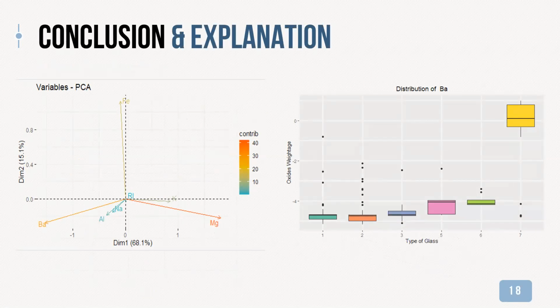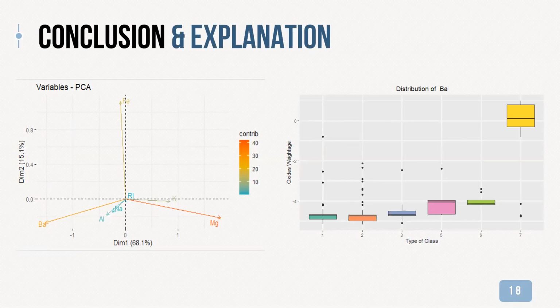If we focus on the first two principal components, PC1 and PC2, we get a biplot, and we can clearly see that for PC1, the highest contribution is given by the barium proportion and the magnesium proportion.